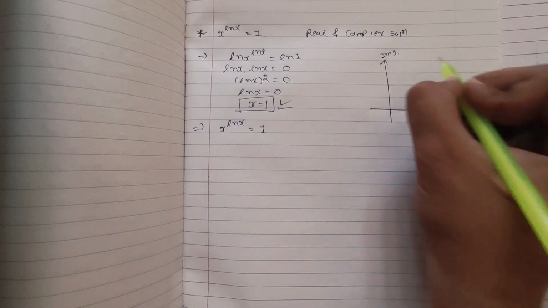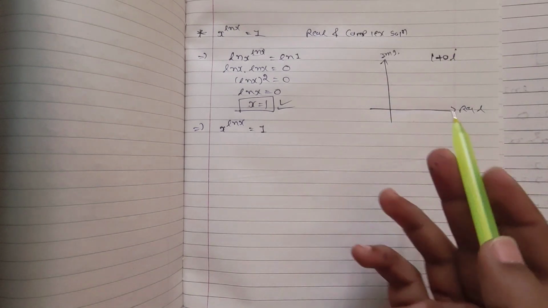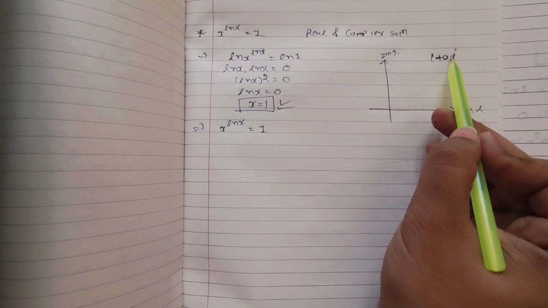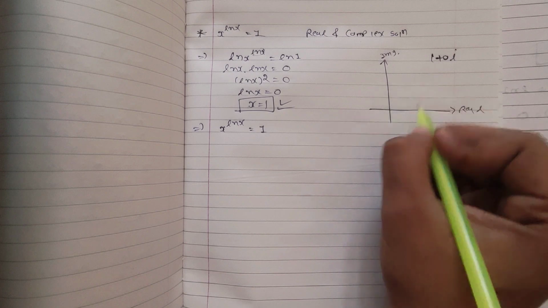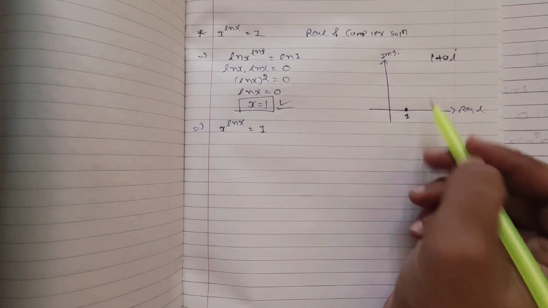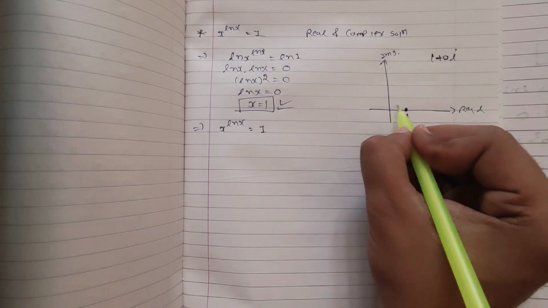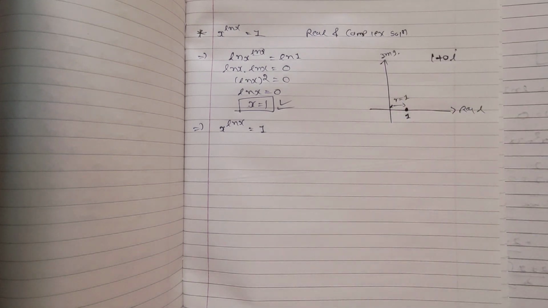I can write 1 as 1 plus 0 iota. The imaginary part is 0, I have only the real part, and I can represent 1 here. If I want to find the modulus of this complex number, then r equals 1, because r is our modulus. So the value of r is equal to 1.